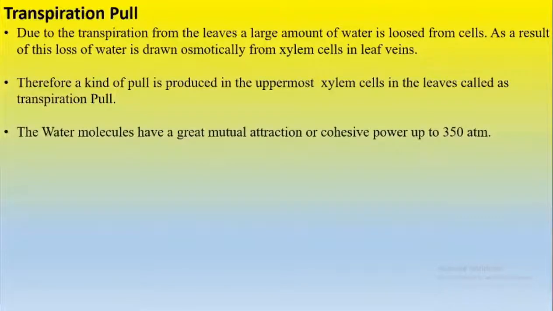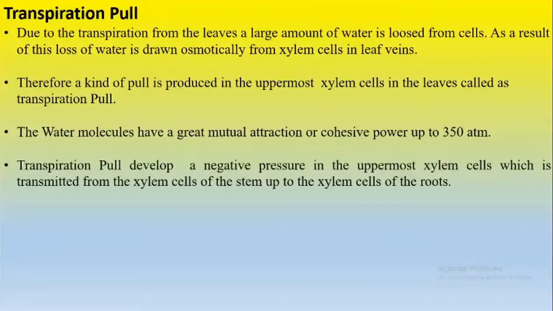The water molecules have a great mutual attraction or cohesive power up to 350 atmospheres. The transpiration pull develops a negative pressure in the uppermost xylem cell, which is transmitted from the xylem cells of the stem up to the xylem cells of the roots.